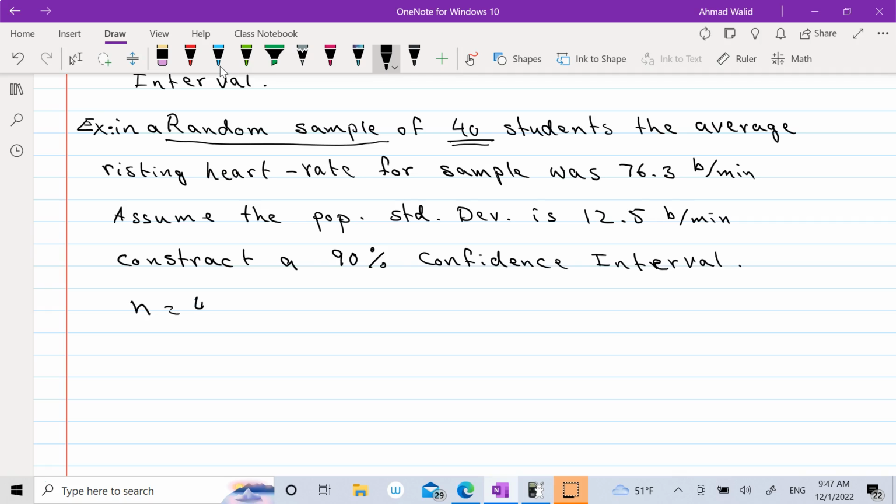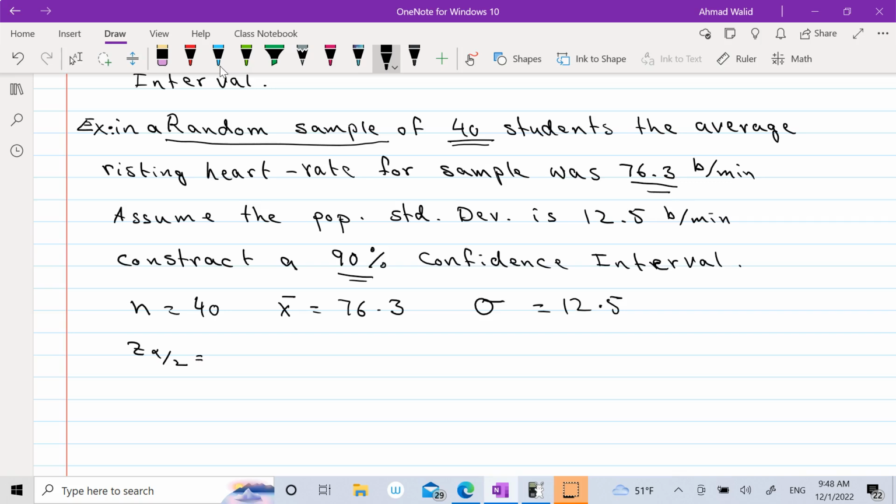N is your sample size, 40. Correct? X bar is given to me, the average. When you see the average heart rate, that's your x bar. It's given as 76.3. Sigma is given, 12.5.